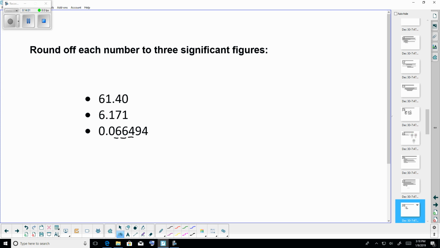This is our third. This is a 9. So it's 0.0665. Oh, so the second 0 would be significant or no? No. How many significant figures do I have here now? 3. Okay. All right. Questions? Because we're going to start doing calculations, and you have to know how many significant figures have to be in your answer.